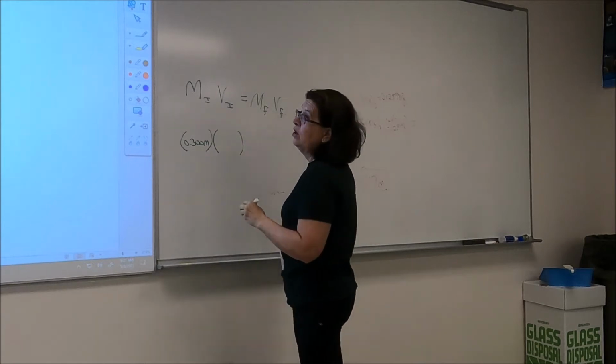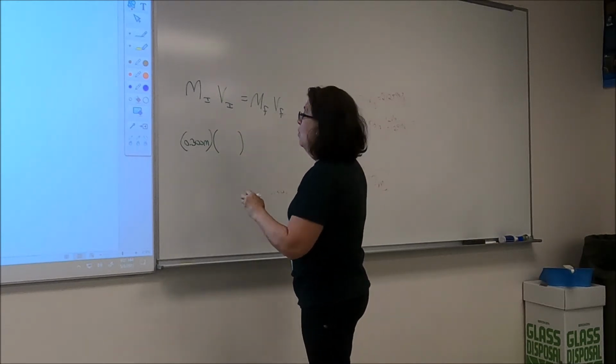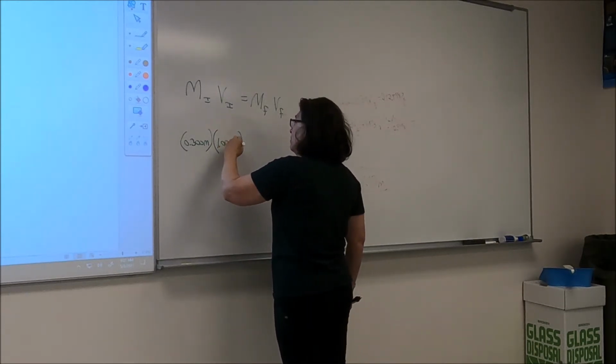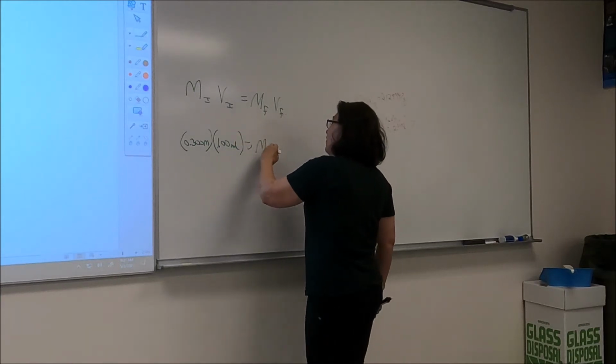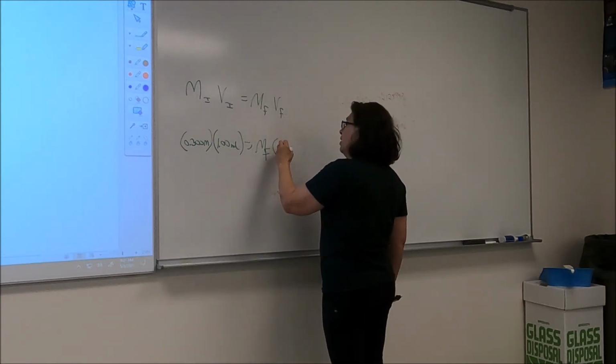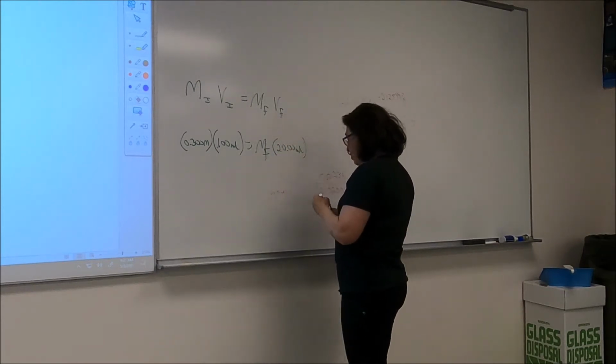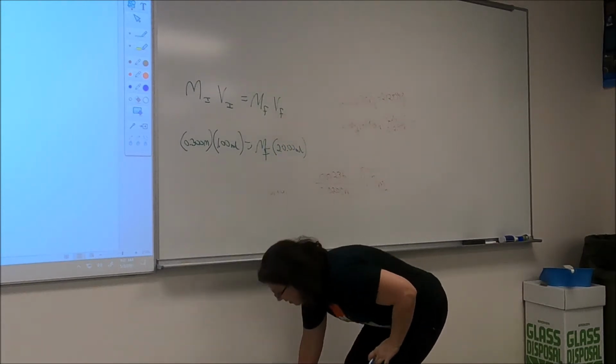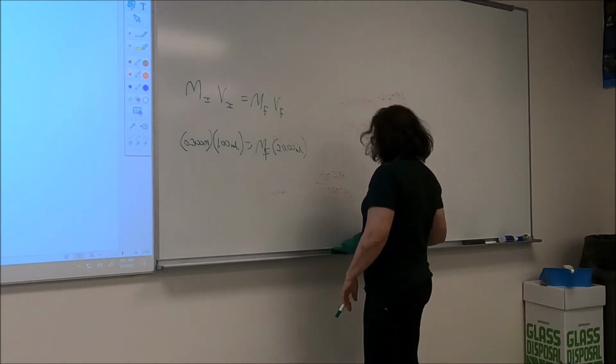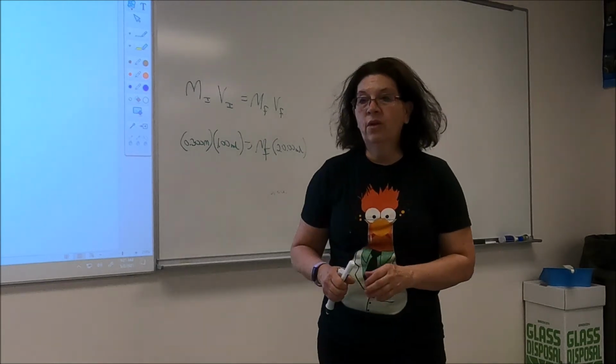The volume that we used in beaker 1 was 1 milliliter. Molarity final is what we're after, and the volume final is 20 milliliters. In all these dilution problems that you're doing for this experiment, the final volume is always 20 milliliters.